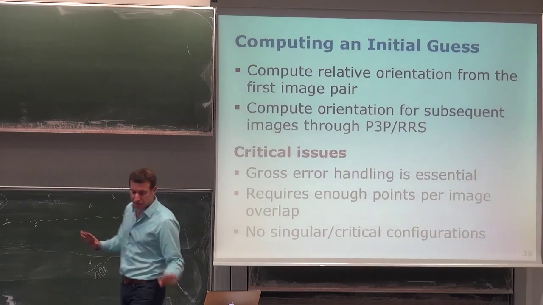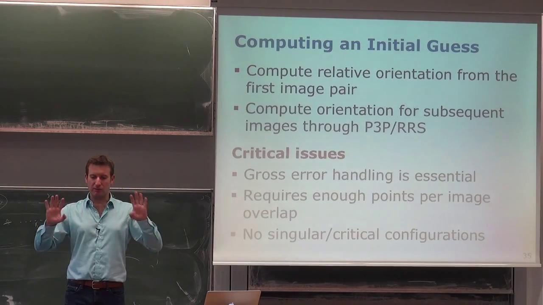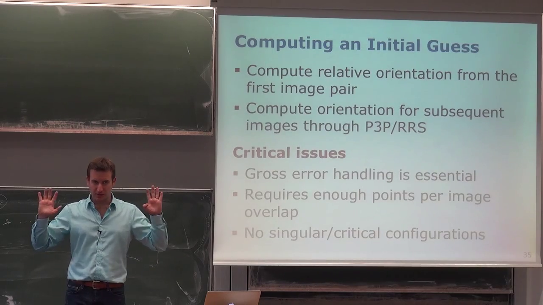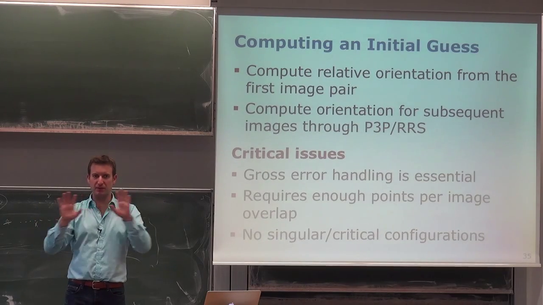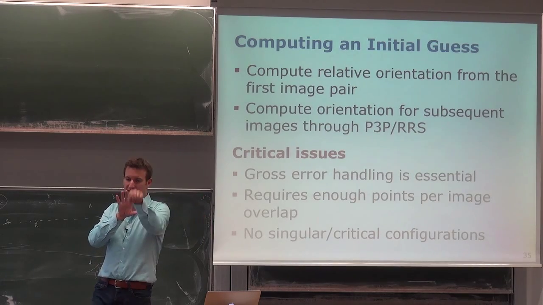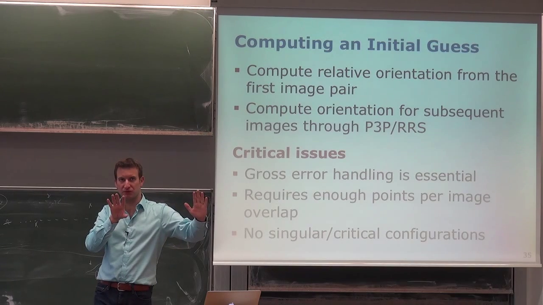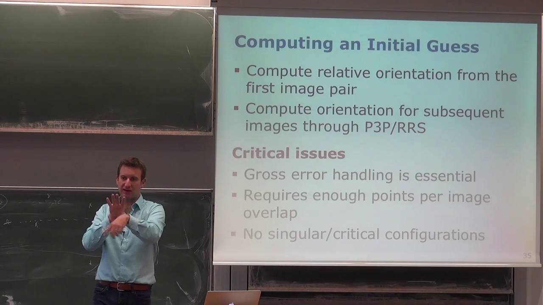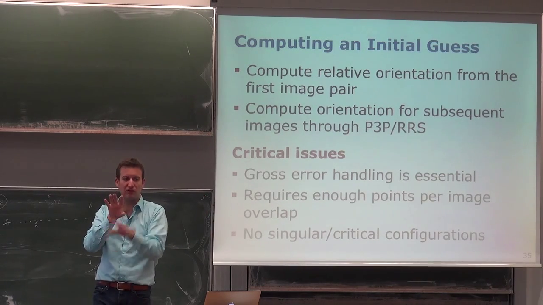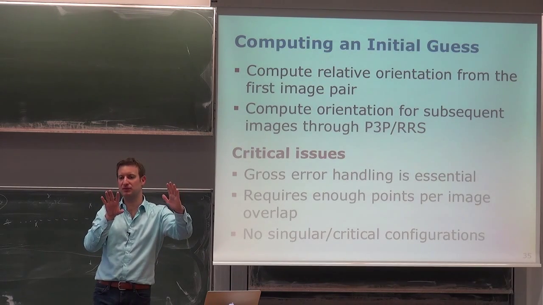So if I have two consecutive images and I compute the relative orientation, I compute the location of the points in the 3D world given those two images, and then take a third image. And then I use those points as fixed and compute what is the relative orientation from 2 to 3. And then I can take all points into account which are new points, which I can treat like control points to estimate the location of this camera.